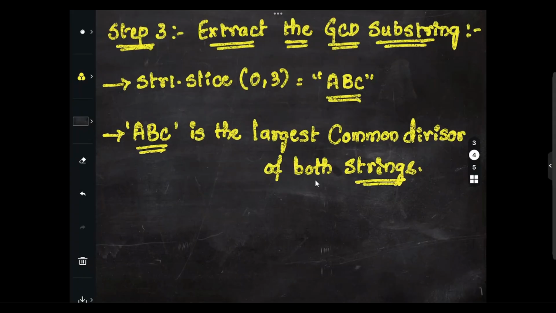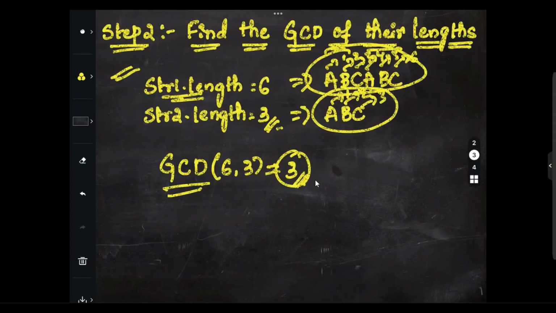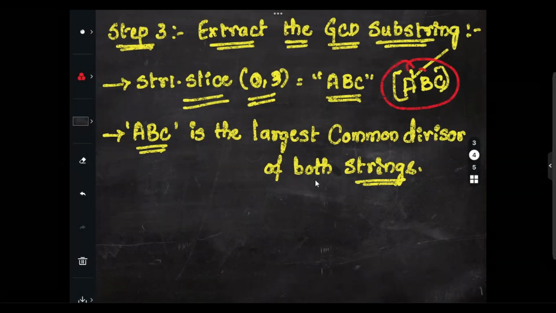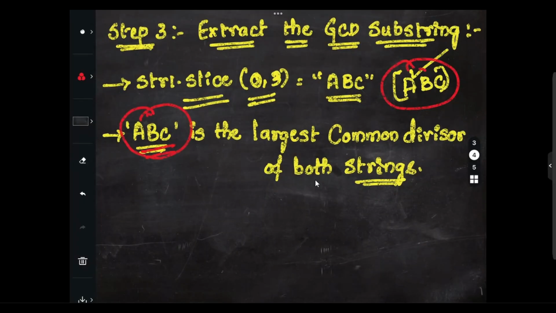Now we have to extract the GCD substring. We will slice from 0 to 3 because we got 3 here. The indexing starts from 0, and I hope you know the slice function in JavaScript. The initial index is 0 and the ending index is 3, so slicing from 0 to 3 within ABC gives A, B and C. So we got ABC, which is the largest common divisor of both strings.